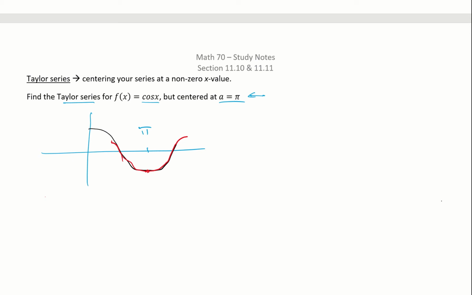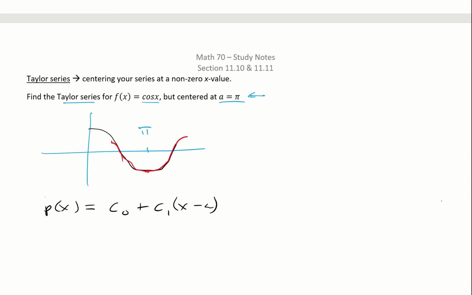If you're going to center it at a instead of 0, your polynomial will be of the form: there's going to be a constant in front, call it C0. There's going to be another constant, and it's going to multiply not x, because if I plug in a, I want all the terms to go to 0. So instead, we're going to plug in x minus a in general.